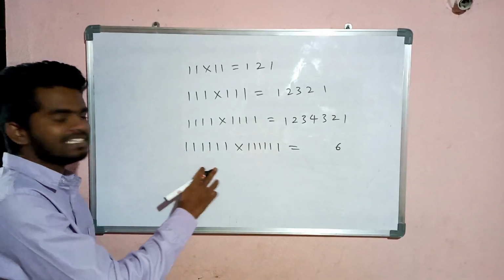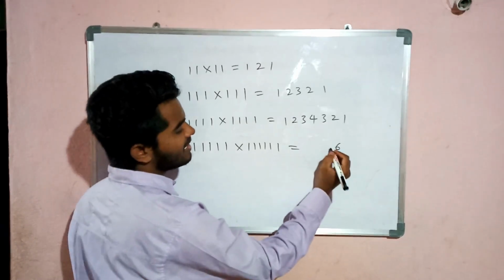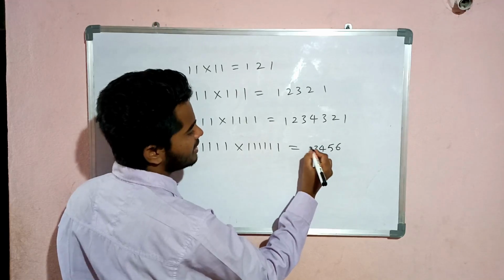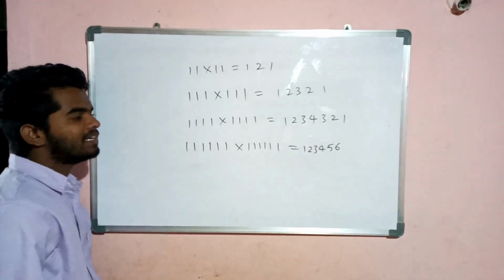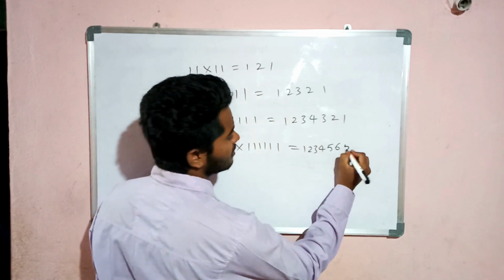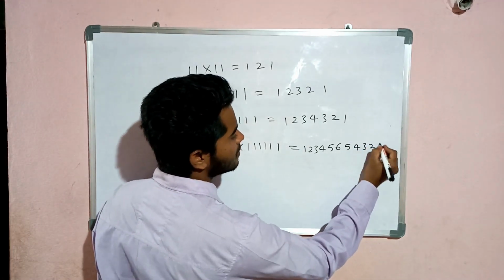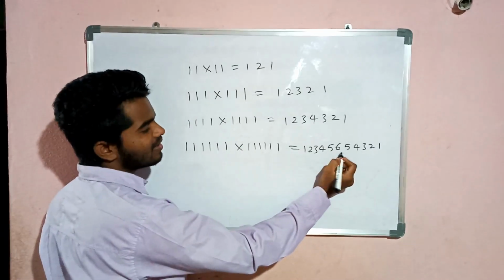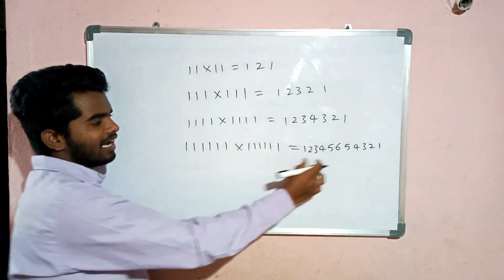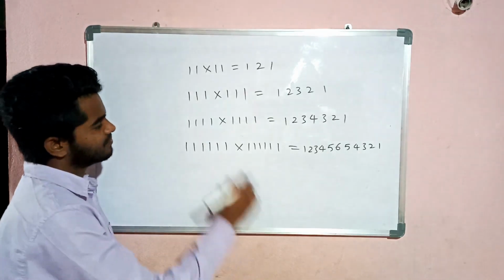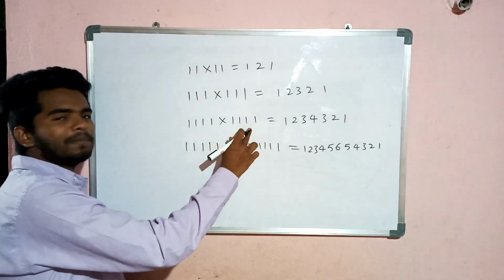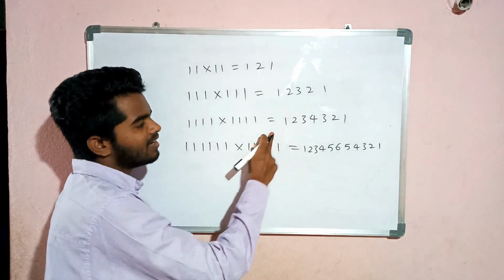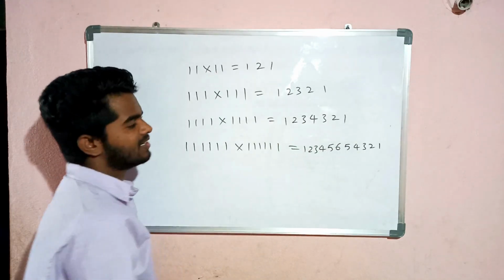The number of ones is 6. 6 is written in the middle and decreases to 1 on the left side, 6, 5, 4, 3, 2, 1, and also decreases to 1 on the right side, 5, 4, 3, 2, 1. Again, 4 ones multiplied by 4 ones, 4 is in the middle and decreases to 1 on both sides.